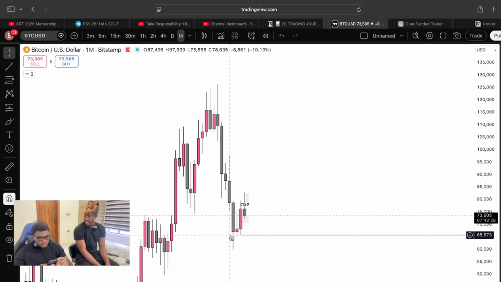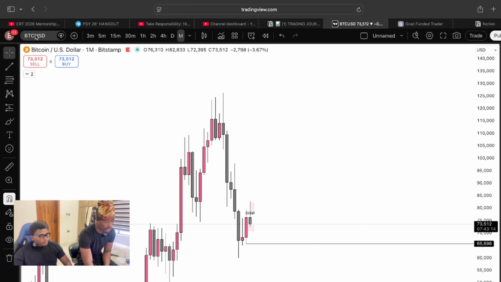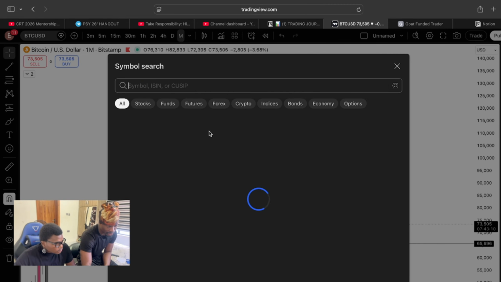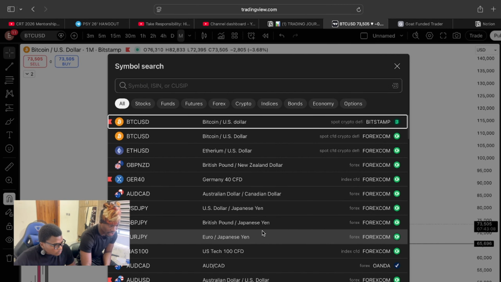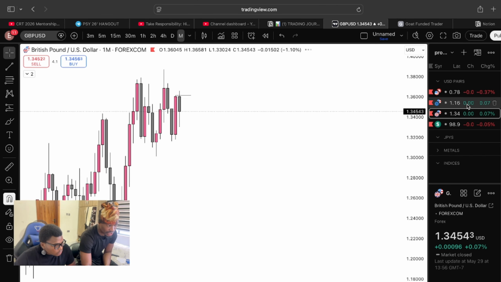So basically, in the forex market, all we trade is currency, trading one currency against another. We're just buying and selling. Let me go to Euro USD. This is Euro USD that I told you about.